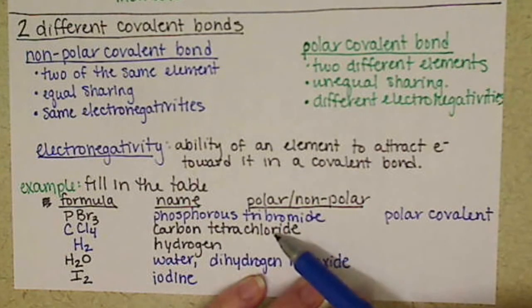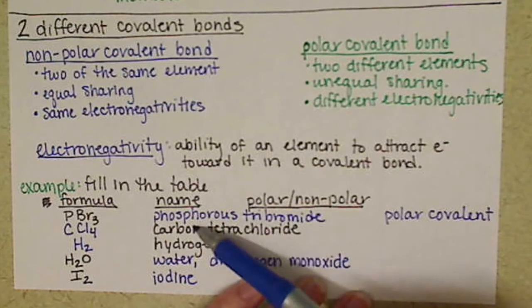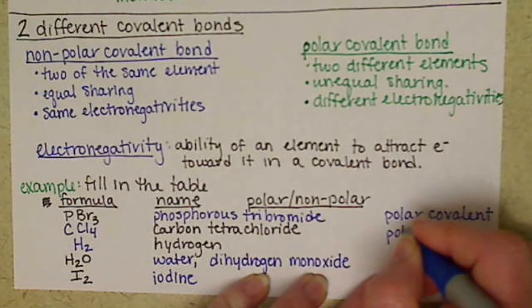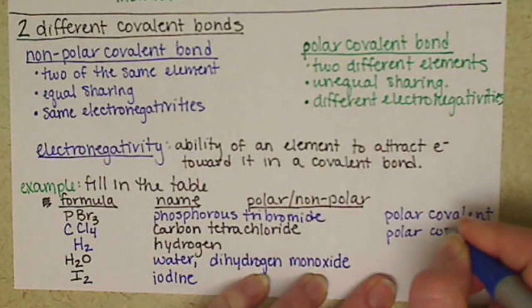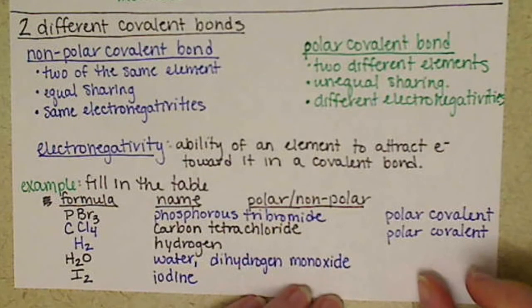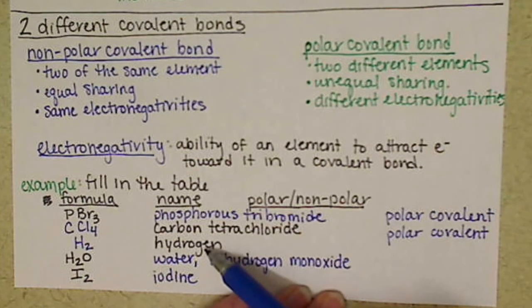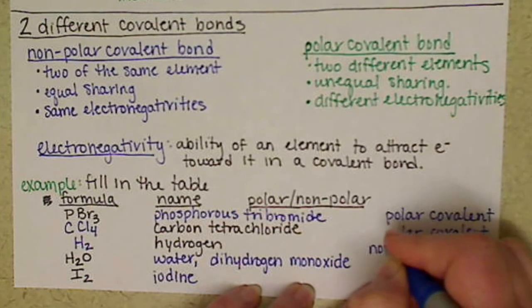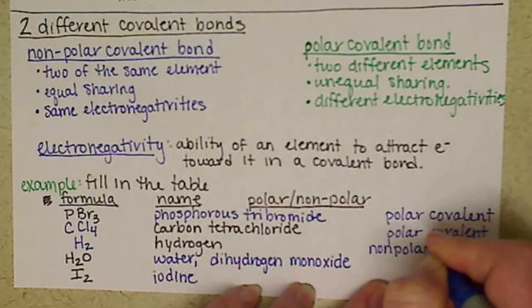Between carbon and chlorine, okay, again, two different atoms, so those will contain polar covalent bonds. In hydrogen, we have two of the same atoms, so that will be a nonpolar covalent bond.